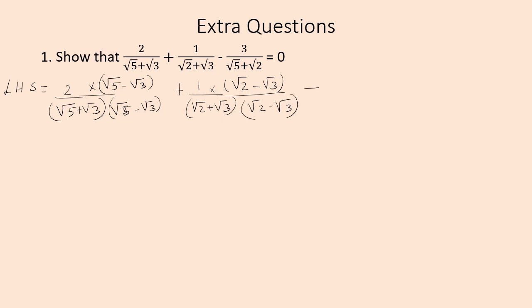Now the third term is minus 3 upon root 5 plus root 2. To rationalize this, you have to multiply in the numerator and denominator by root 5 minus root 2, root 5 minus root 2.